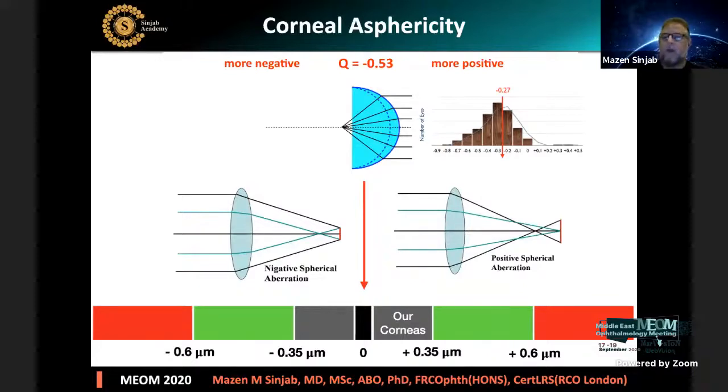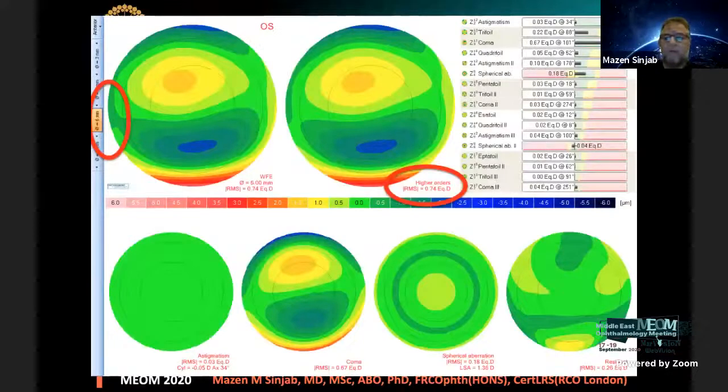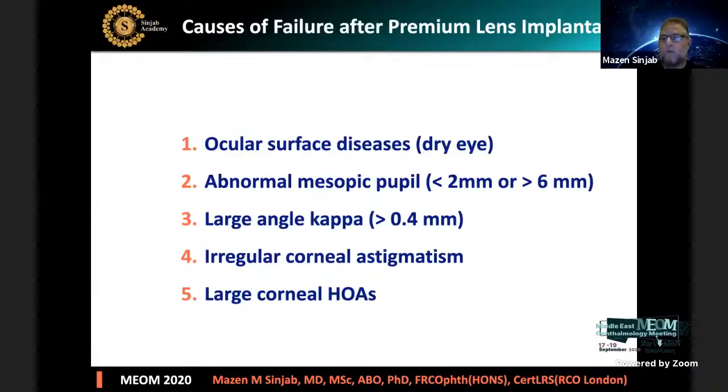So I developed as well an algorithm, which is the PSIS. I'm going to talk about it later in this session tonight, depending on the high order aberrations and the spherical aberration, how to select the IOL based on what we have. For the premium IOL, if the RMS is more than 0.5 diopters, then we cannot go for the premium IOLs.